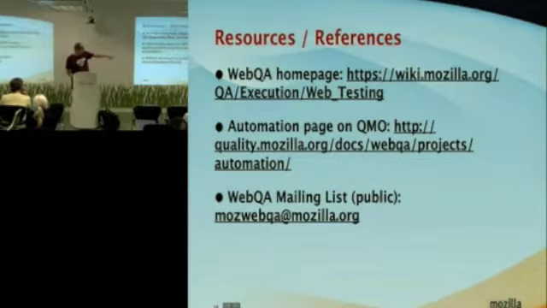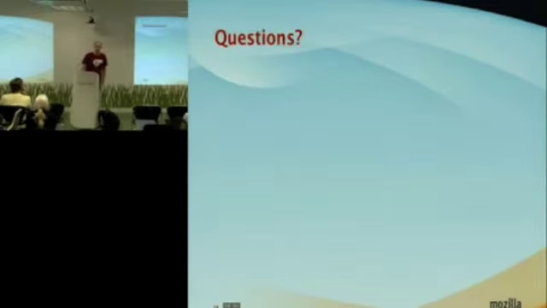And finally, we have a public mailing list. I have to mention that it's public because, even though it's opt-in, I think it gets aggregated out to a newsgroup. So are there any questions?